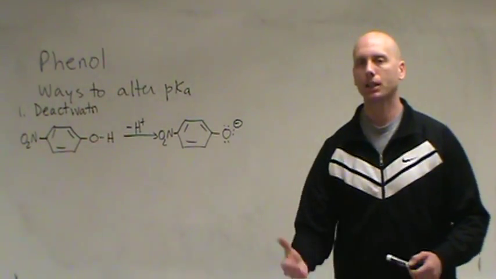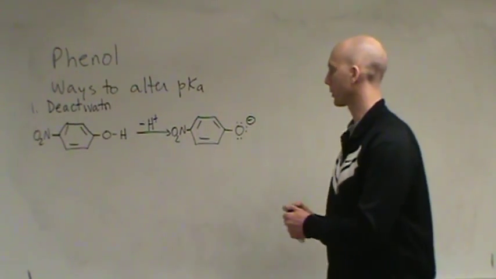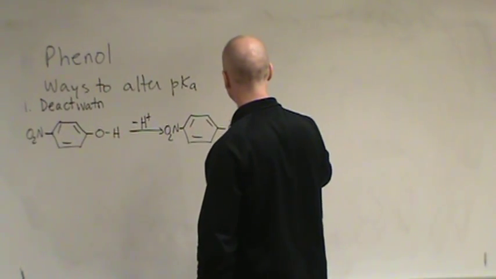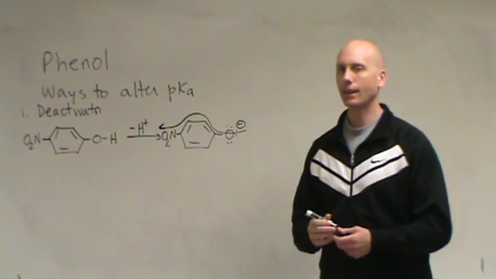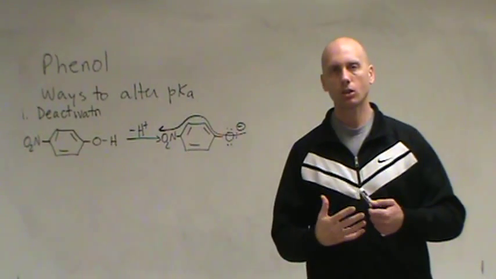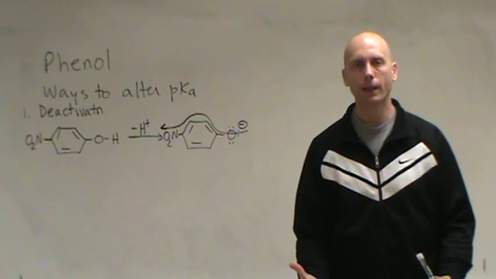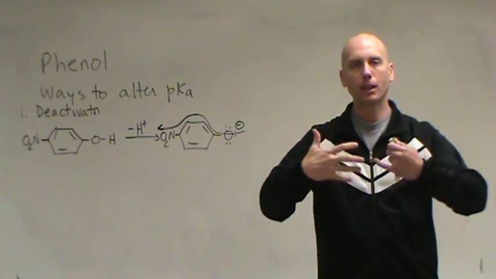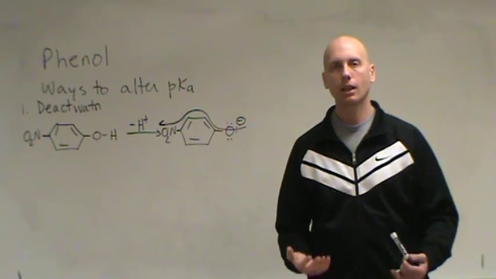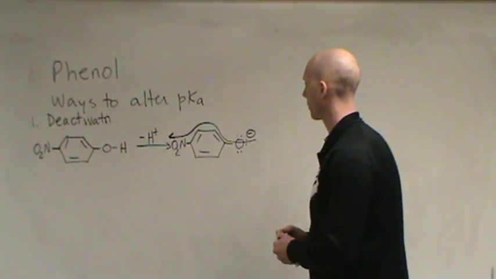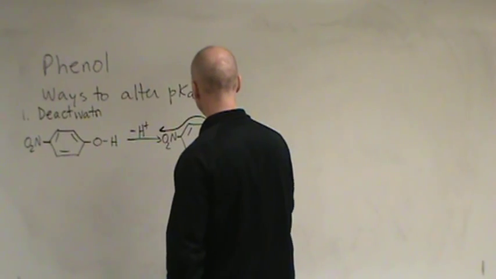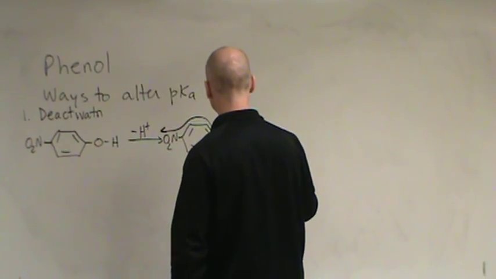So what does this nitro group do to this O-? Well, remember, deactivators are electron withdrawing, so it is pulling on that negative charge, helping it to spread out, helping it to become more delocalized. And when it becomes more spread out with more volume, this thing becomes more stable.